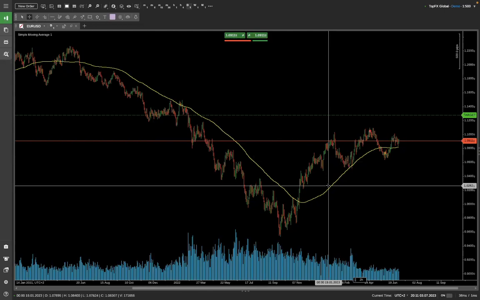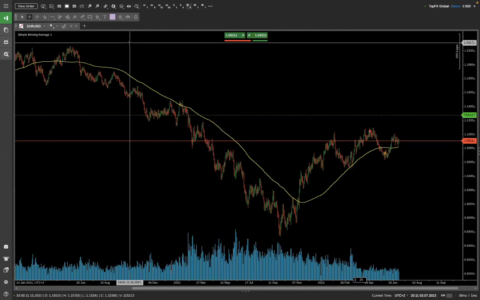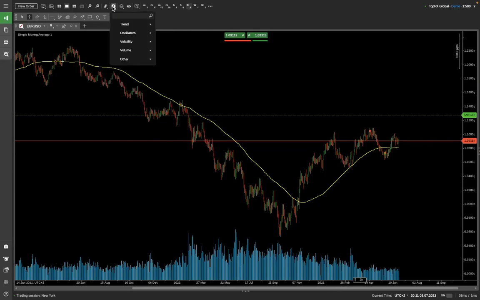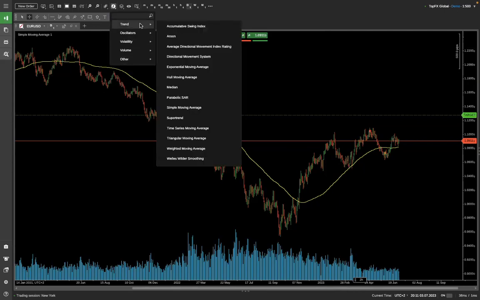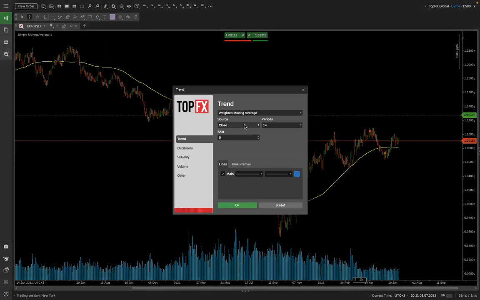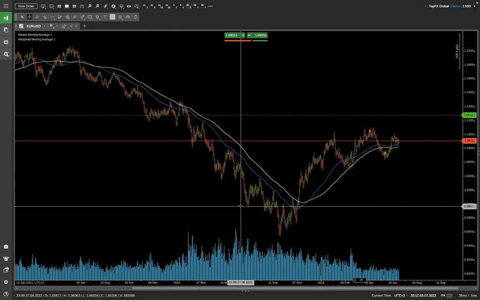Okay, so if you want to put the exponential moving average, you go here, you got the other indicators, you go to the trend, and you got the weighted moving average. And this is the close. And as you can see, if we plot the same source, the close price, shift is 0, periods is 100, the weighted moving average will be in blue. And you can see that's a kind of different moving average.